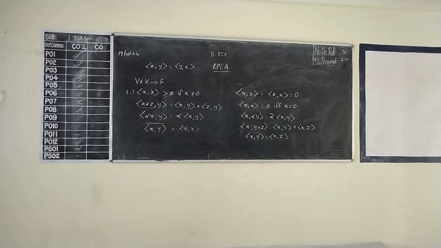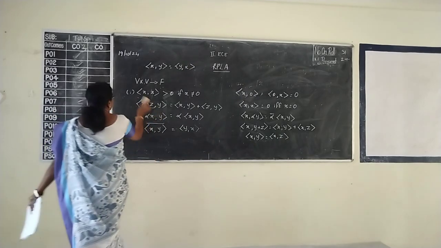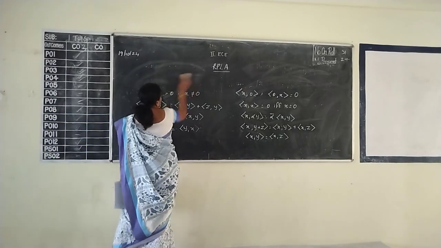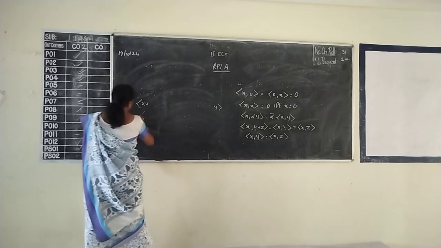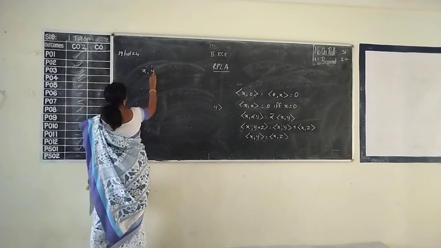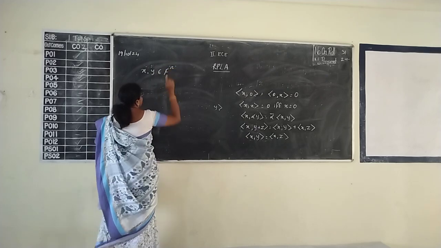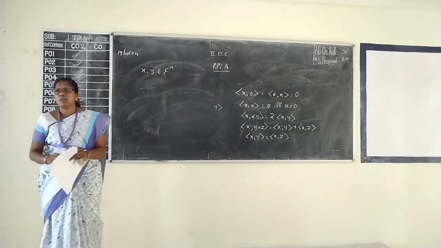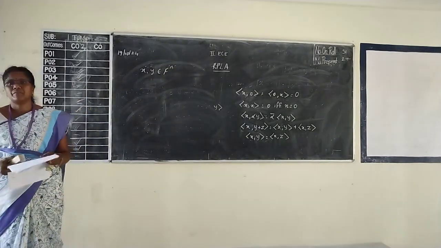Let x comma y belongs to F power n. What is the meaning of F power n?